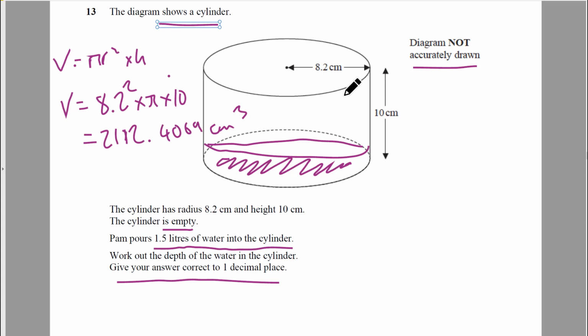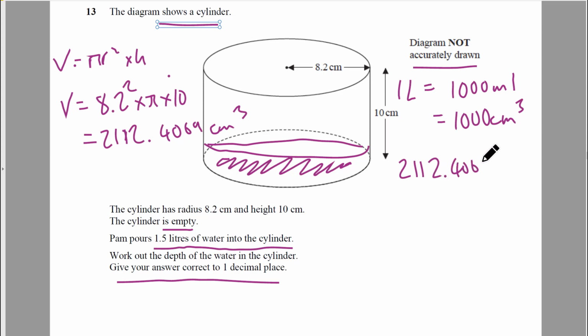It's not accurately drawn, but that doesn't matter. So 1 litre is 1,000 millilitres, which should be 1,000 centimetres cubed. Okay? So let's go, we've got the volume now, so the volume is 2112.4069.